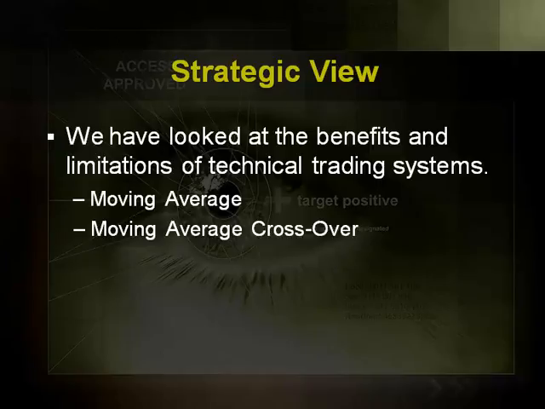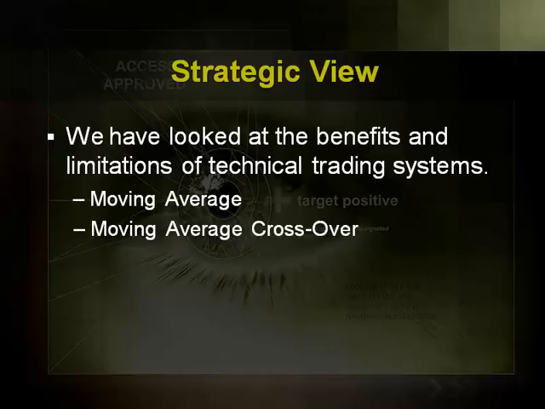The other weakness of a trend following system is that you're going to be prone to getting whipsawed during market consolidations. The shorter the moving averages that you're using, the more often you're going to get whipsawed. But you'll get in faster and you'll get out faster. But you're going to have to live through more whipsaws.